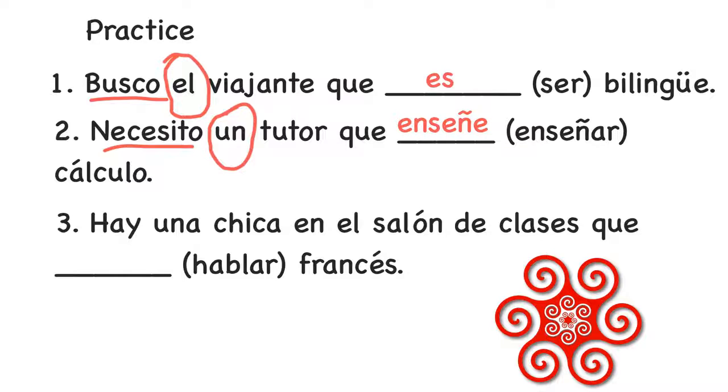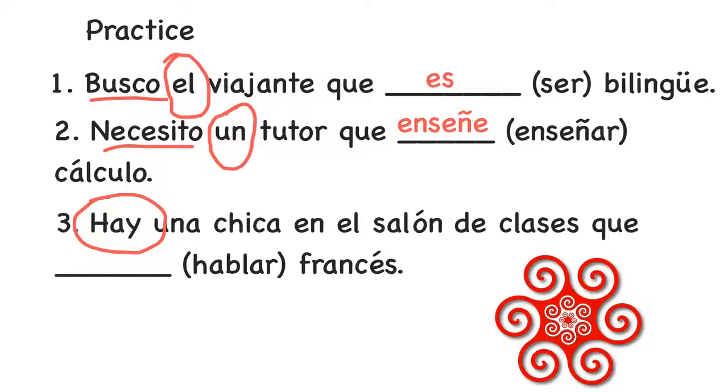What about the third sentence? Hay una chica en el salón de clases que hablar francés. Now, the moment we see hay, which in English is there is, we know that the girl exists. Therefore, we're going to use the indicative. Hay is an indicative indicator.